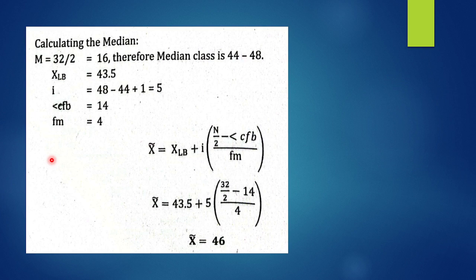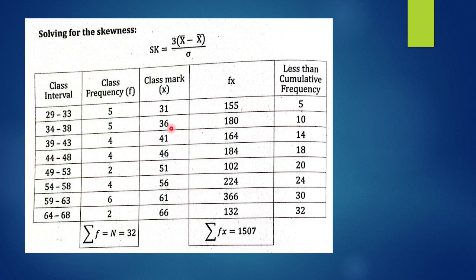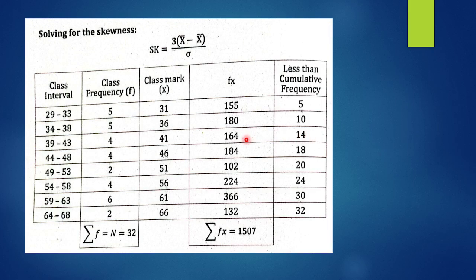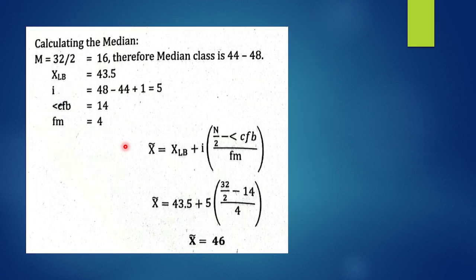Now, our less CFB is 14. Okay, that is correct. Our FM, or frequency of the median class, is 4. Yes, that's correct. We substitute everything here and we can say the median is 46.